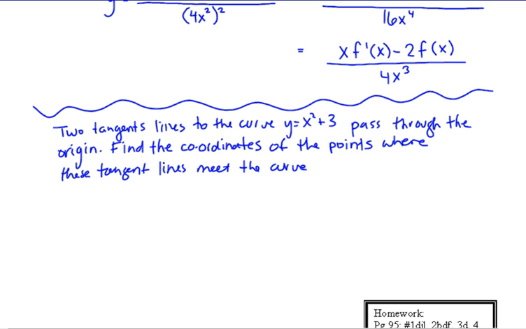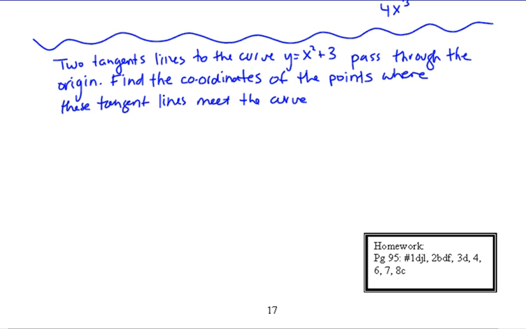Okay, if y equals x squared, we're going to shift it which way? We're graphing y equals x squared plus 3. 3 up. Yeah, 3 up. So your sketch should look like this. There's our graph, y equals x squared plus 3. What else do we know? Our tangent lines go through 0, 0, the origin.